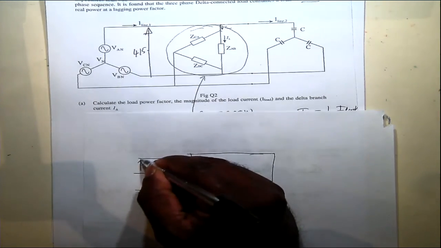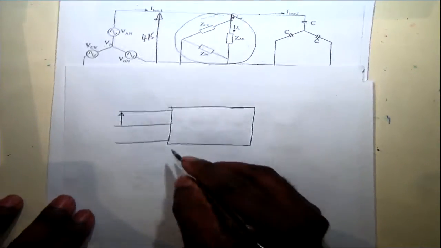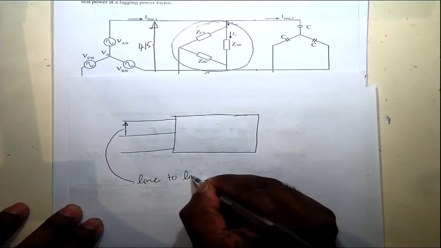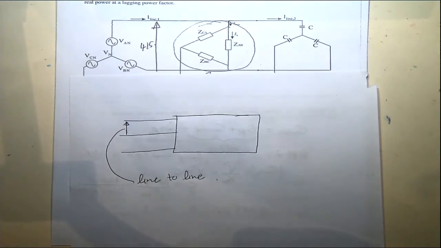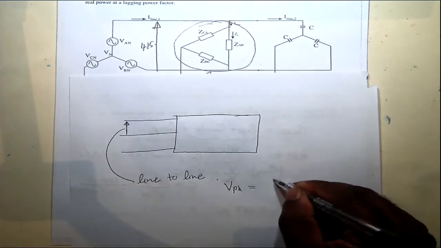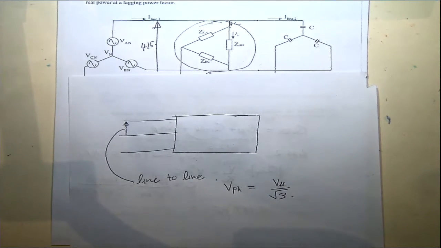That's the voltage between two lines. So this is the line-to-line voltage. If you consider just a single phase, the per phase value, V phase, is the line-to-line voltage divided by √3.